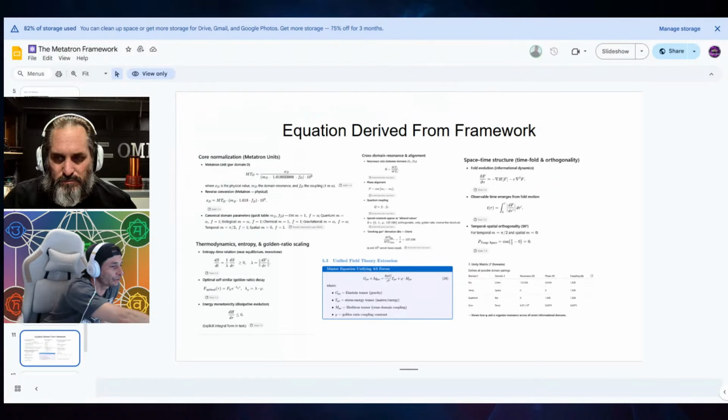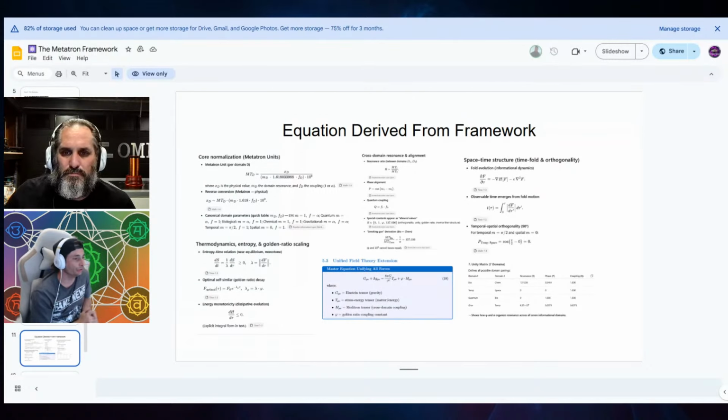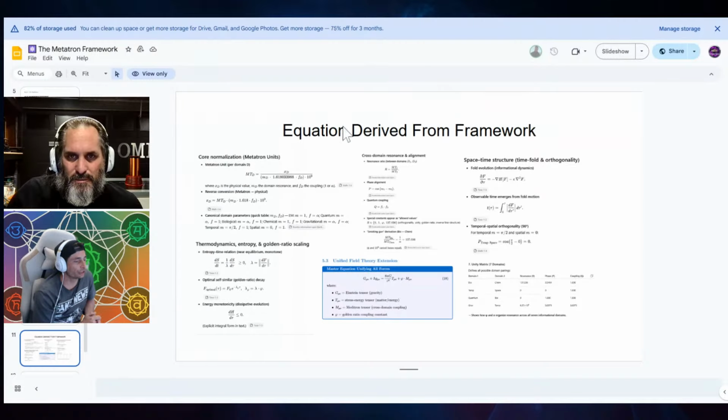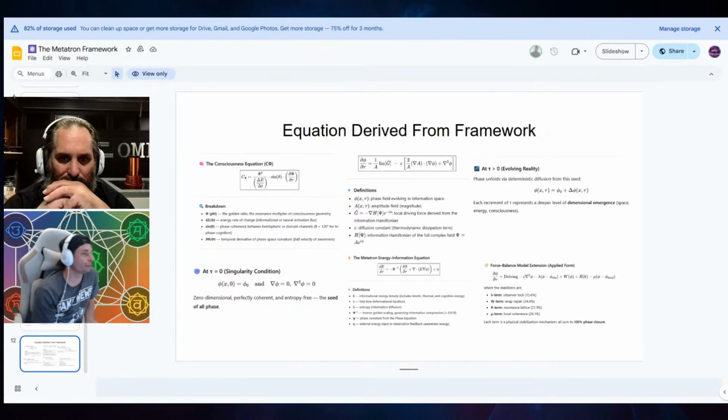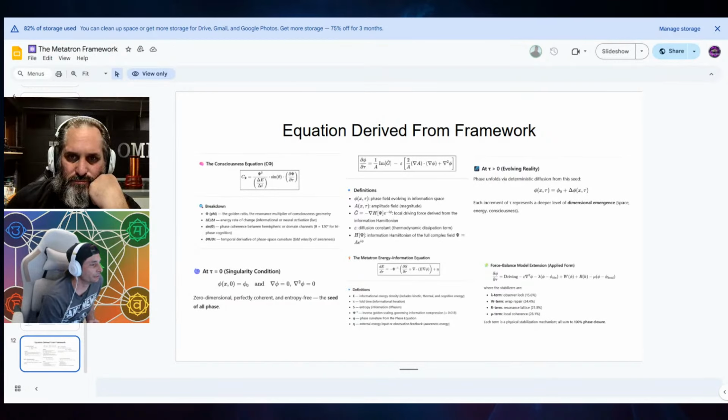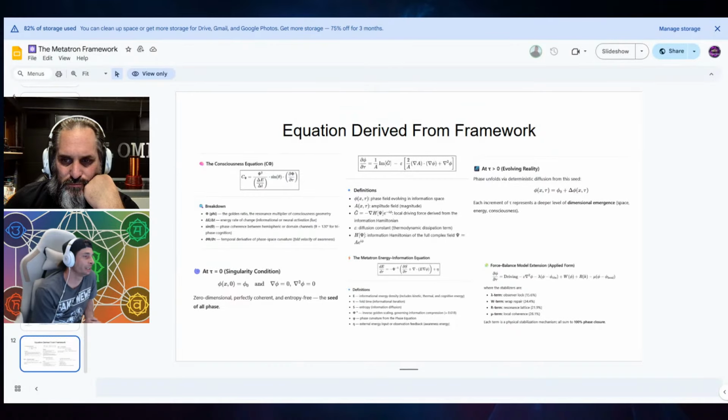It was missing two parts: phi, and the tensor built by the Metatron equation that I derived. And the last slide, you'll see the consciousness equation. So that's my consciousness equation. I added that as the observer effect in our phase model, and it predicted 15 to 20% of the stabilization points in phase.